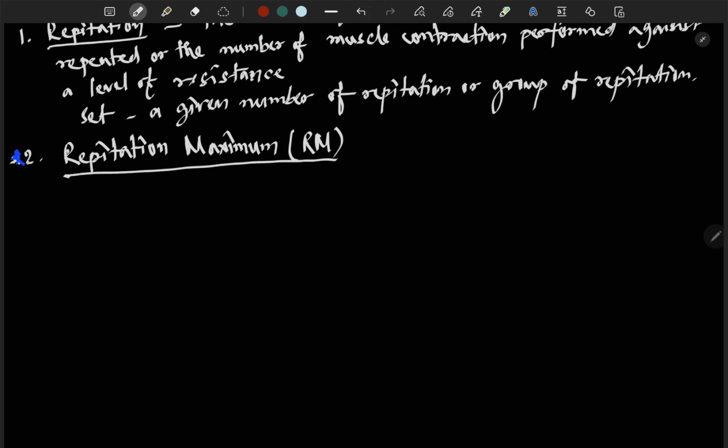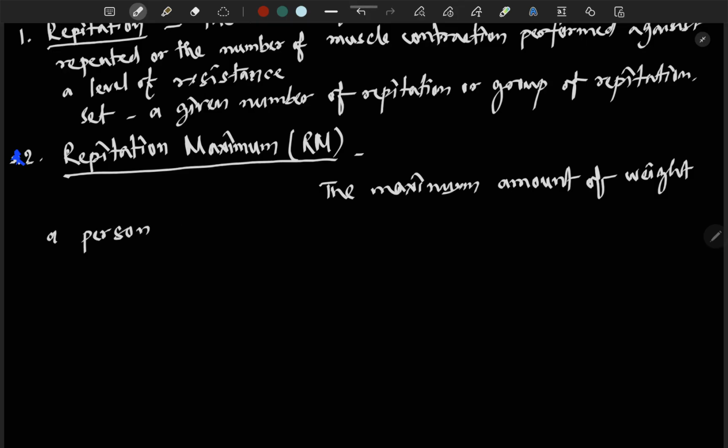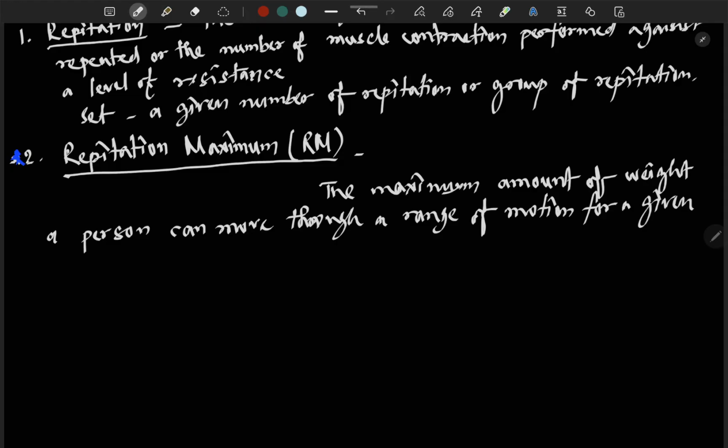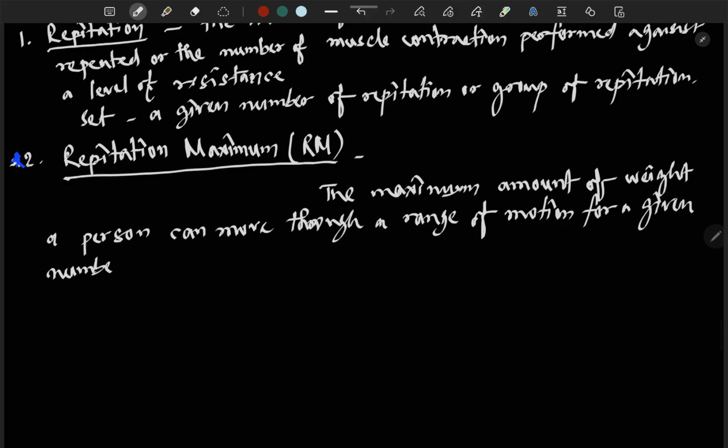What is RM or repetition maximum? The maximum amount of weight a person can move through a range of motion for a given number of repetition.